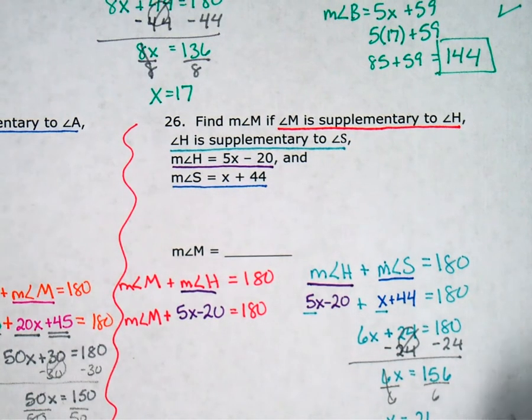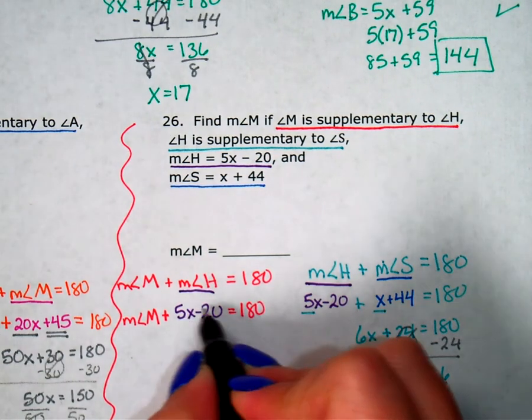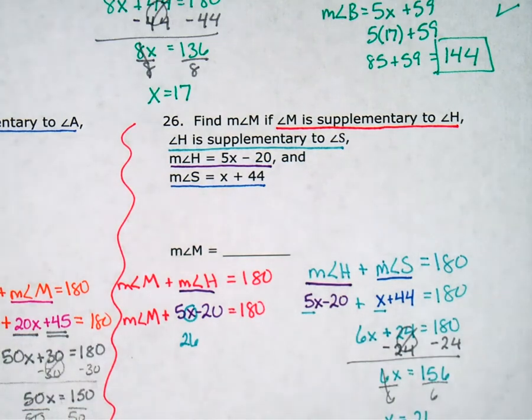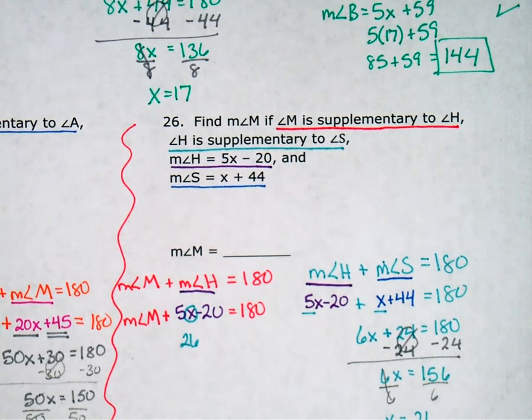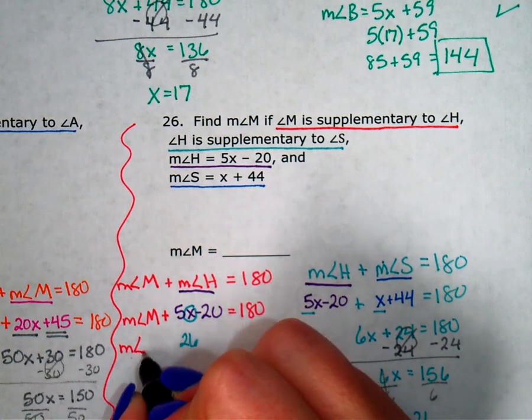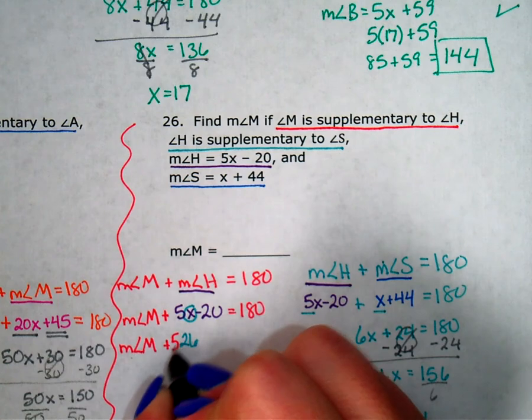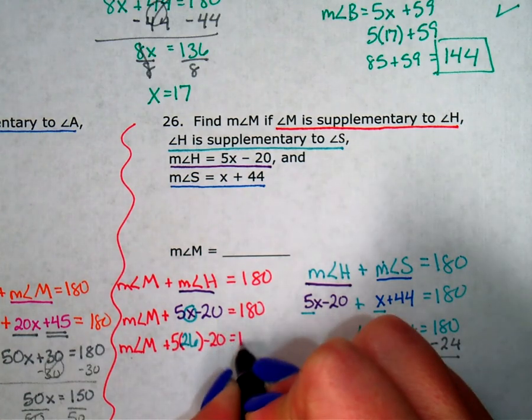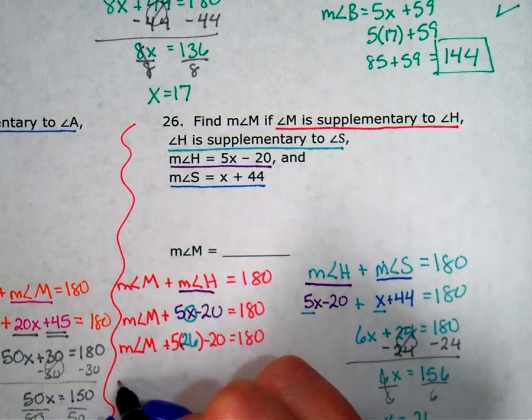So now that I know what x is, I can take that and put it in right here. So I can say the measure of angle M plus 5 times x, which is 26, minus 20 equals 180.